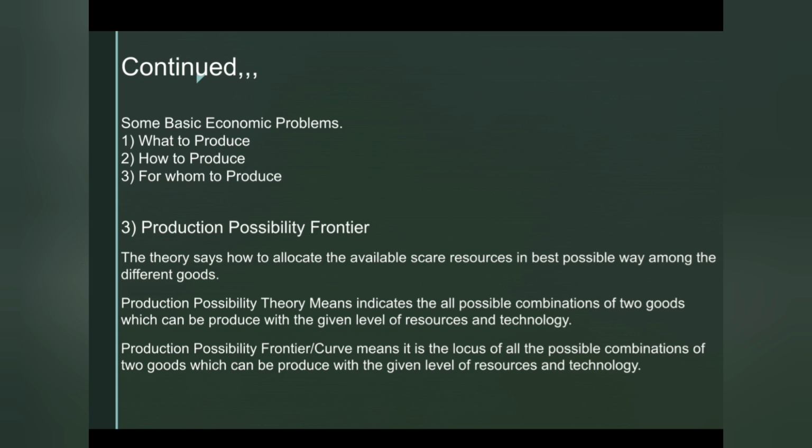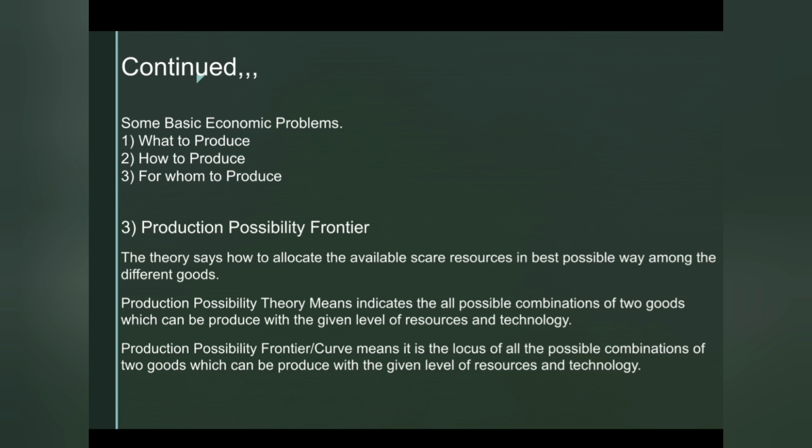Thereafter the third concept which we have discussed is production possibility frontier. Here the theory says how to allocate the available resources, means scarce resources, in the best possible way among the different goods.